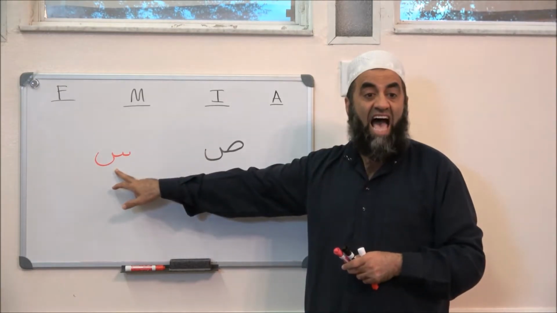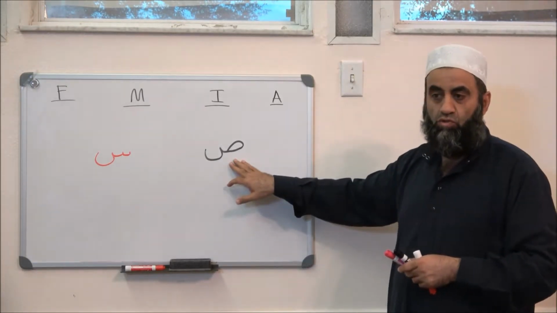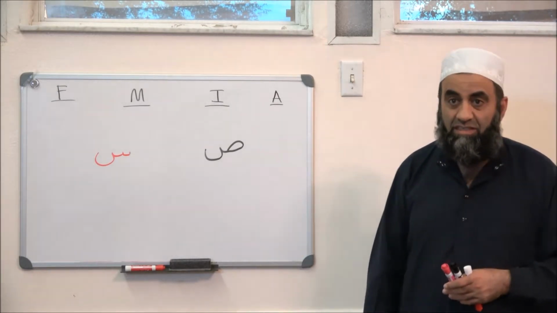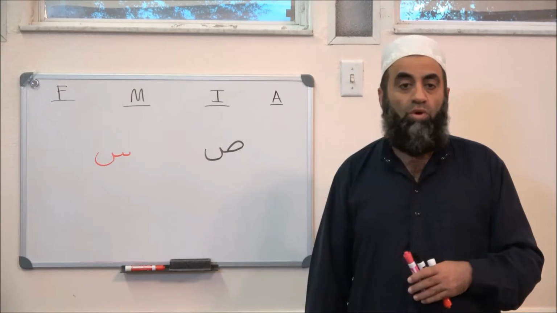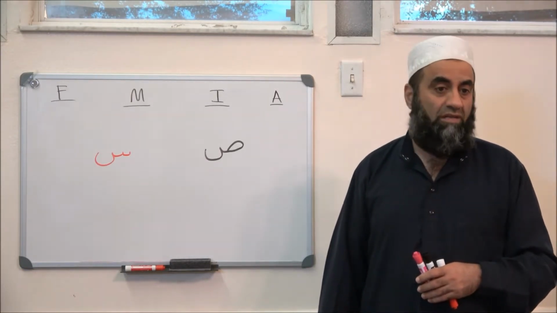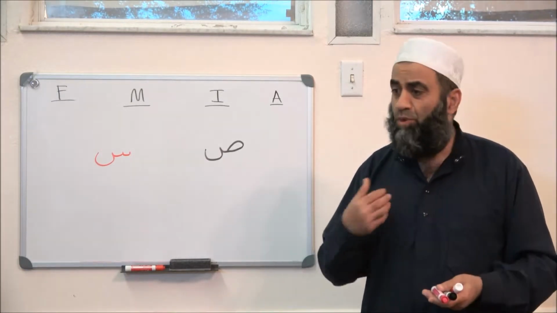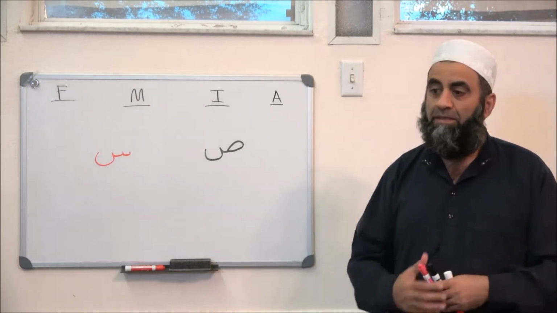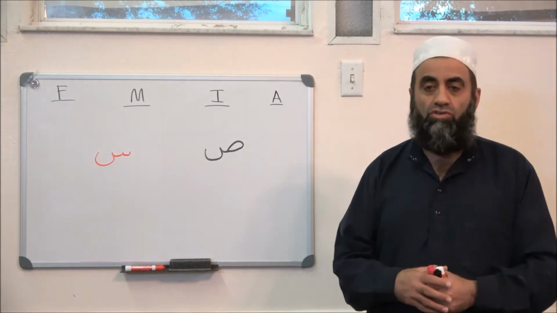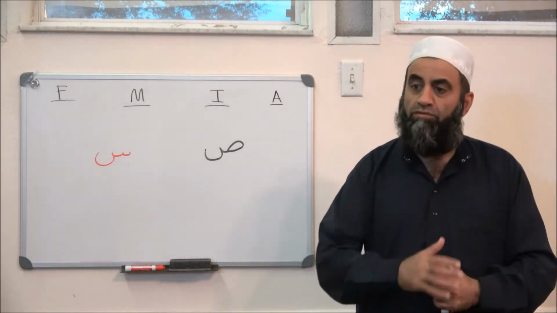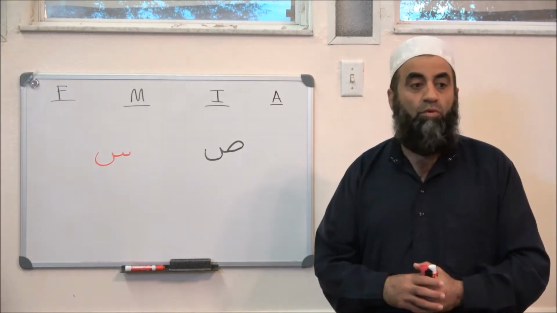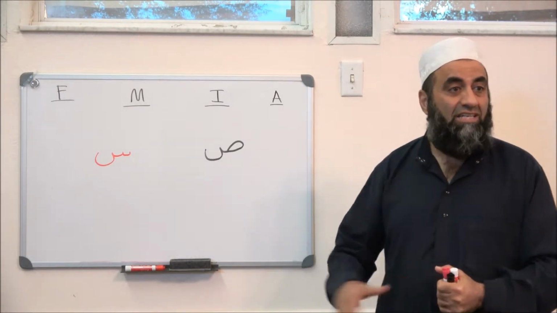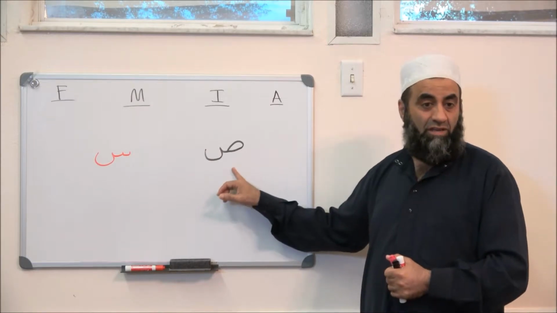This is sin and this is Sad. Like the word sabr, which means patience. Like the word sabir, which is a common name for the person who does the action of sabr. The word as-sabirin, plural of sabir. The word salah starts with this letter.